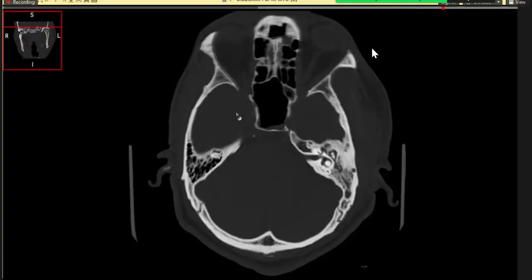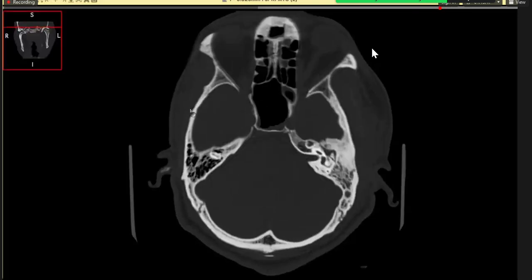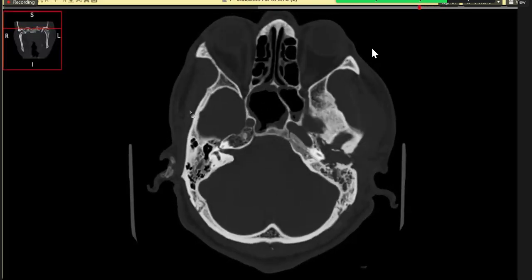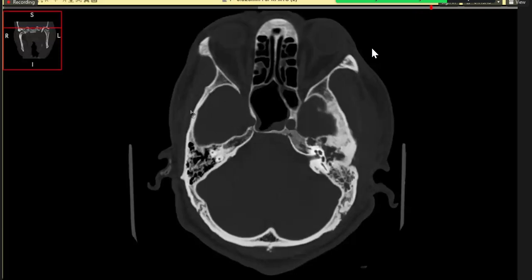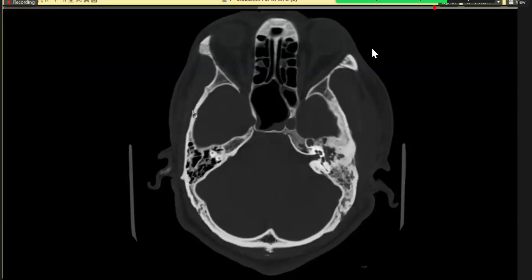Now, the candidate did very well. Even on the bone window, this is what the exam is about. Keep your minds open and then you can ask for a soft tissue window.